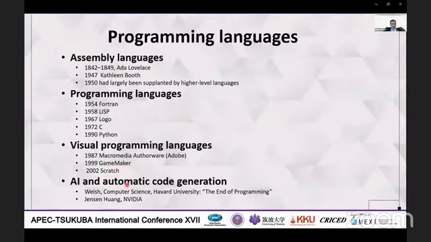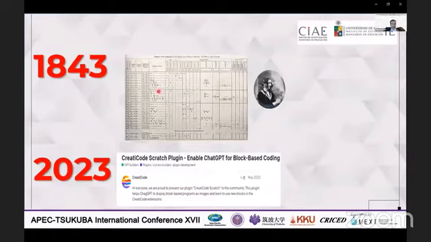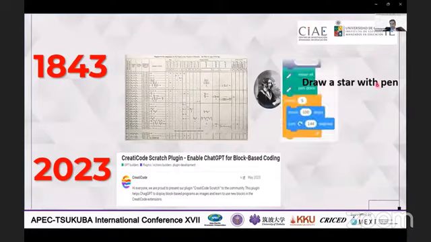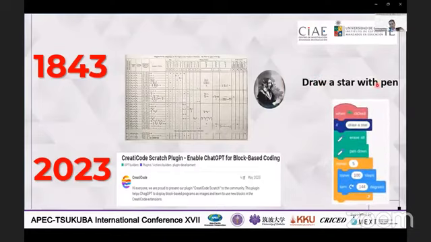Now with AI and automatic code generation, so now what is going on? Because now the machine is able to understand our natural language and produce programs. So here is Ada Lovelace. And now you say to draw a star with a pen, and the machine will automatically produce the whole code, let's say in Scratch or in Python or whatever.